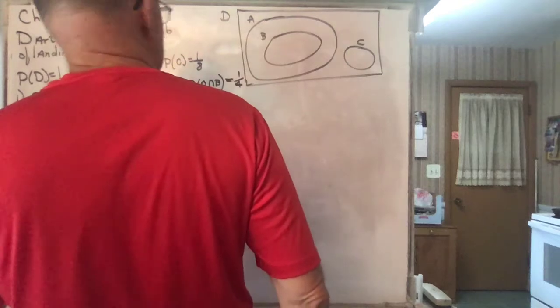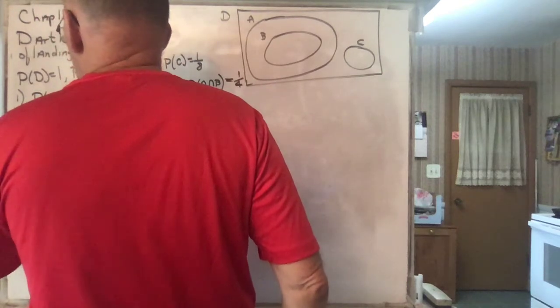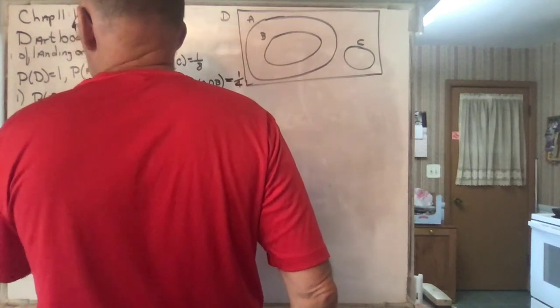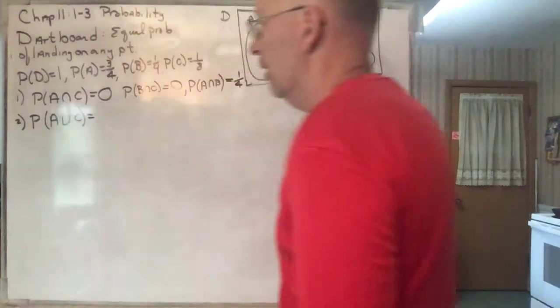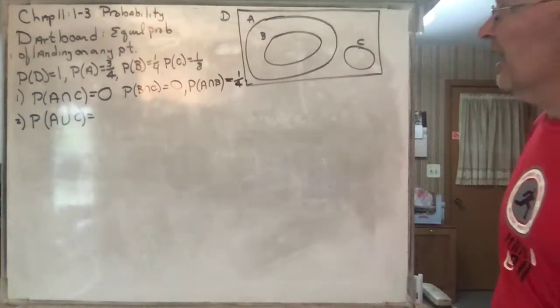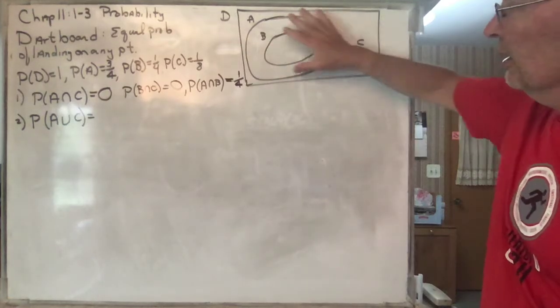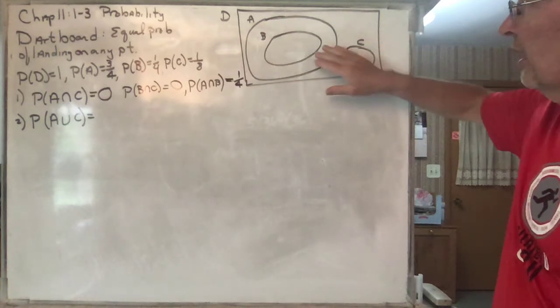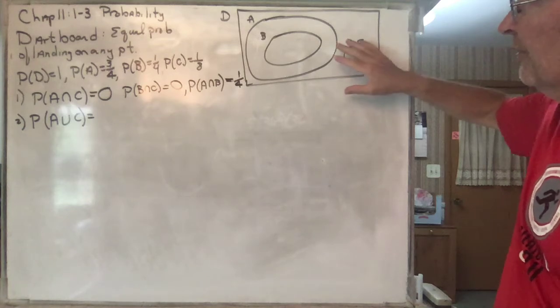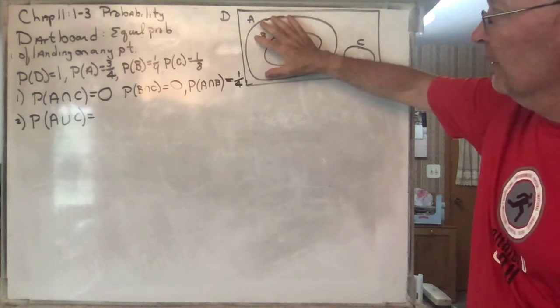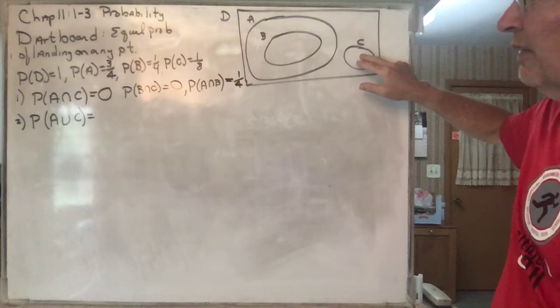What's the probability of landing in A or C? Well, these two things are, again, mutually exclusive. So it's the probability of this together with the probability of this.